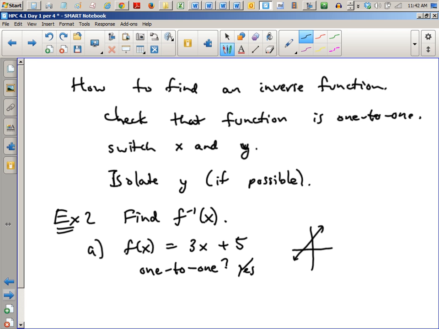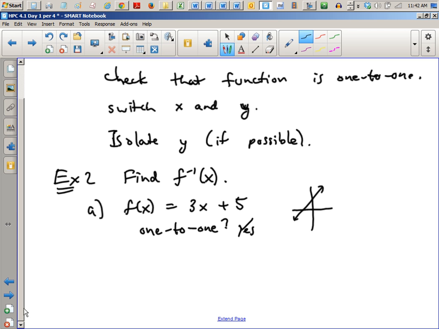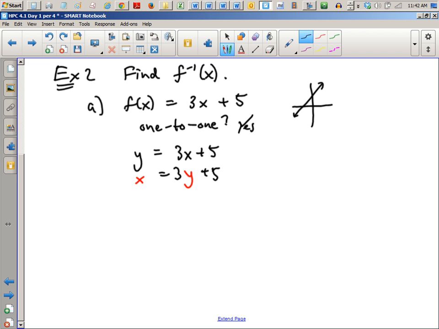Okay, now let's try switching x and y. Well, where's my y? That's the left side, right? F of x means y. So you would just make this your x and make this your y, and try to isolate the y. So for this problem, you would subtract the 5, divide by 3, and it would look something like this.